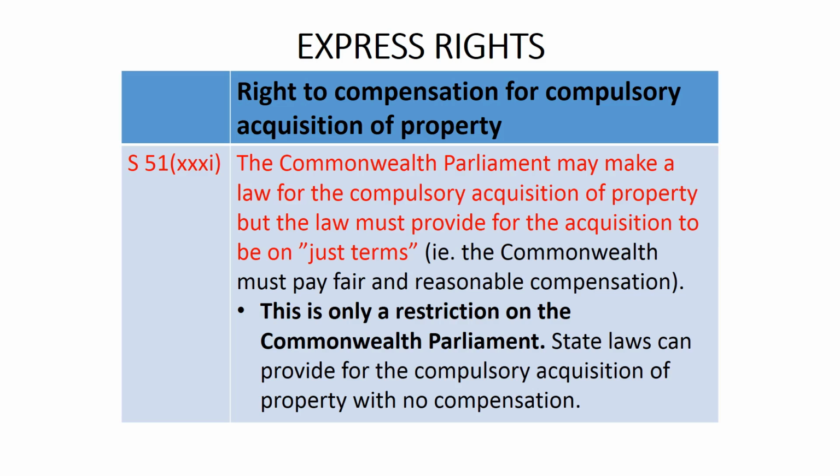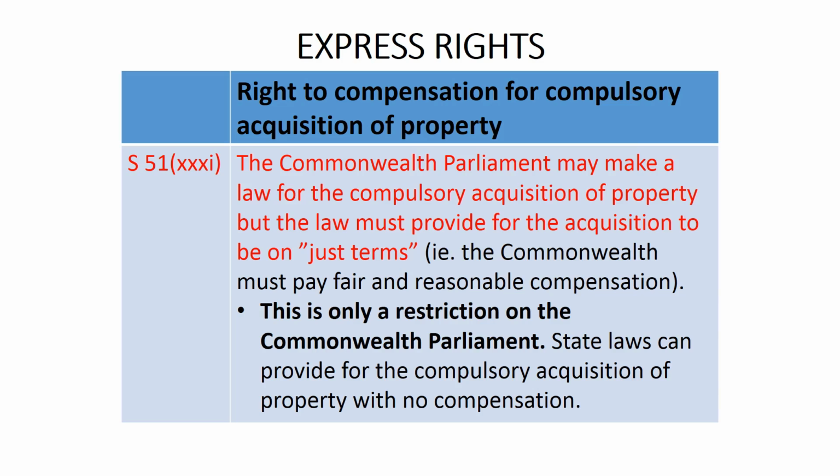If houses are along the route that the road is to follow, then the government will simply compulsorily acquire those houses, that is, take those houses away from the house owners, whether or not they want to sell those houses. The government will take them away and demolish them so that it can build the road.